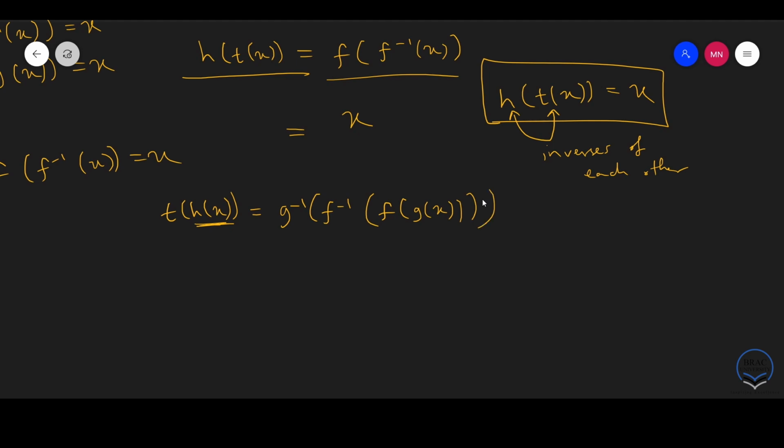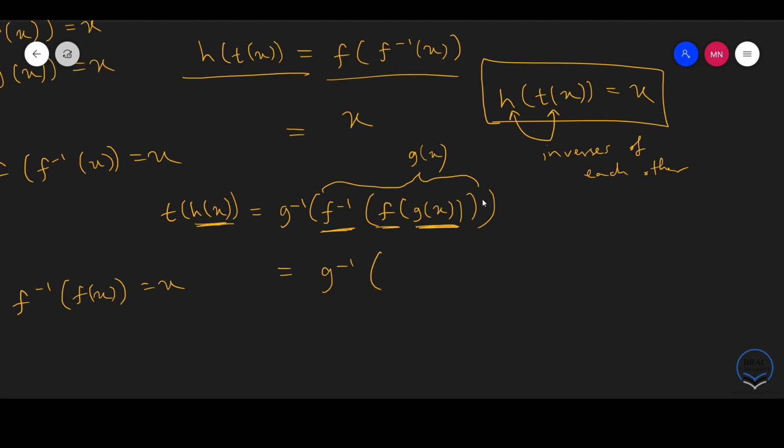right? So now once again we can apply a similar method. We have an inverse function of f, and we have the function f side by side, and we once again know that f inverse of f of x will be equal to x, right? So this part will just become g of x. We'll just get our input back.